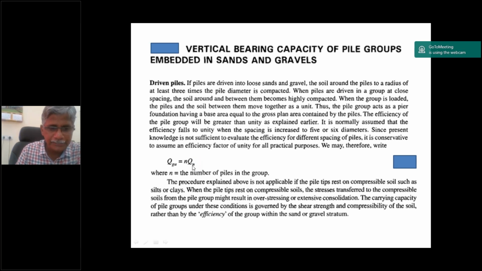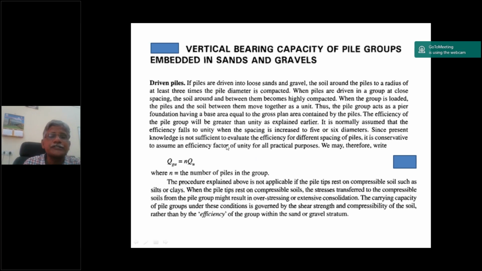This is applicable in the case of sandy types of soils, and it is normally assumed that the efficiency rises to unity when the spacing is increased to 5 or 6 diameters.